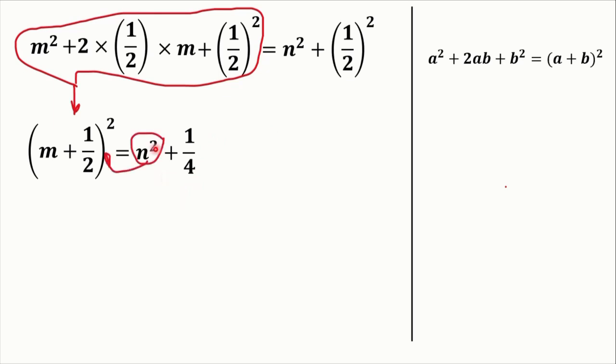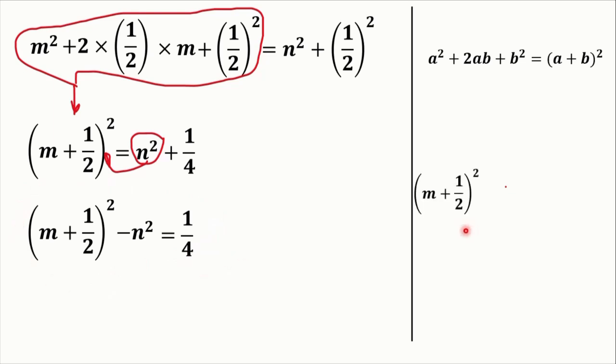Next, we move n squared to the left. We obtain this equation, and we will use some simplification. Instead of m plus 1/2, we write 2m plus 1 over 2 squared, and this is equal to 2m plus 1 squared over 4.